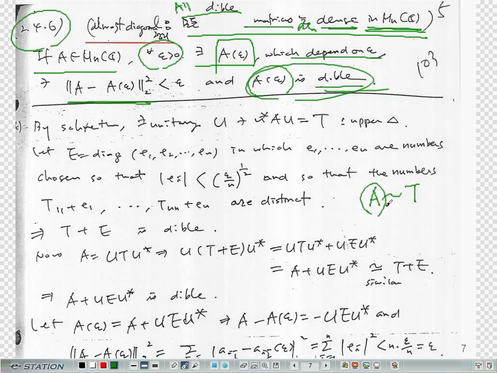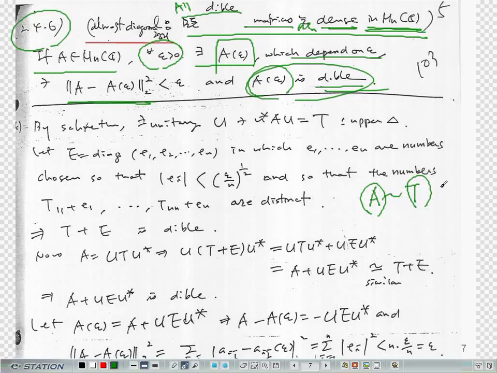Here, if A has distinct eigenvalues, what that means is the diagonal entries of this T are all distinct. Then A is diagonalizable. But A may have repeated eigenvalues and may also have smaller geometric multiplicity than algebraic multiplicity for some eigenvalues.